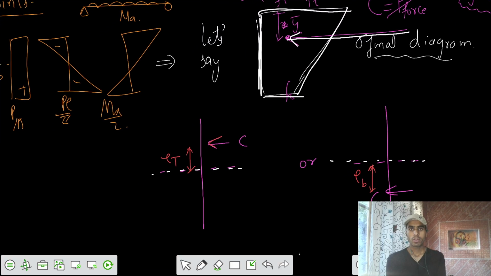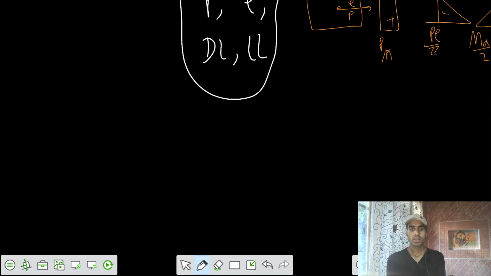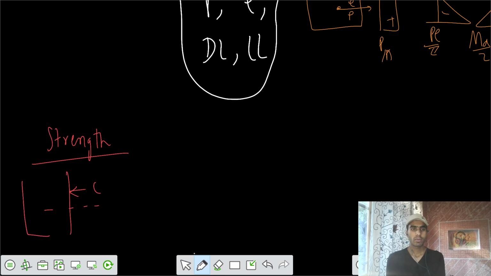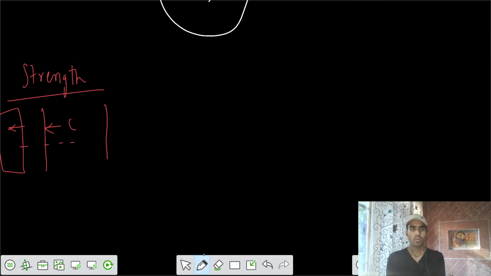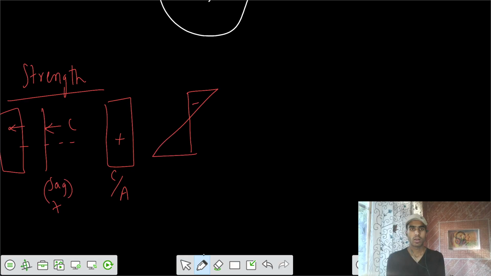Now, do you know that strength concept? Once we know that our C force is somewhere here, can you then calculate the stresses on that section? One of the stresses is C by A, and one more stress is there because it's a sagging moment, so it would cause top compressive, bottom tensile, plus minus.